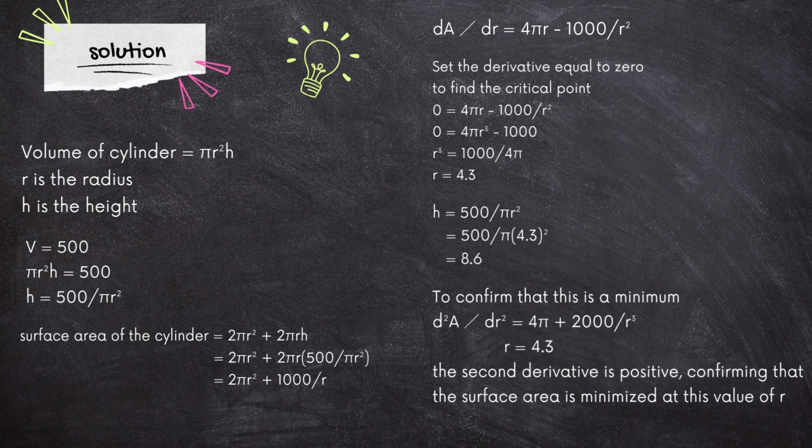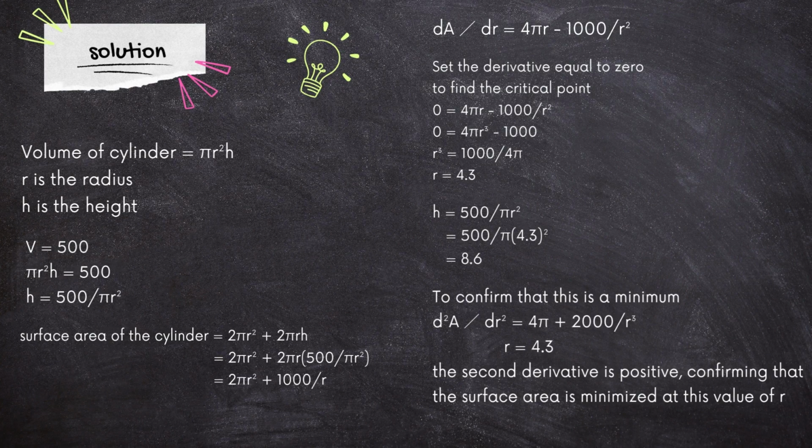Then as we know, the surface area of a cylinder is 2 pi r squared plus 2 pi r h. Since we already have h, we put h in our formula, so we get 2 pi r squared plus 2 pi r times 500 over pi r squared. And then the final answer will be 2 pi r squared plus 1000 over r.